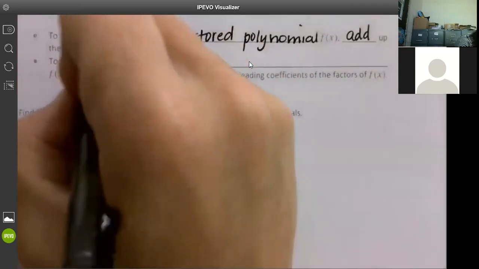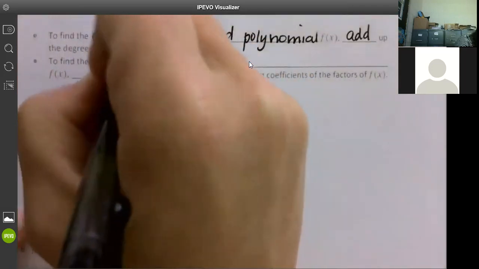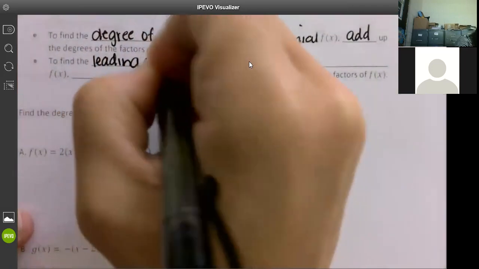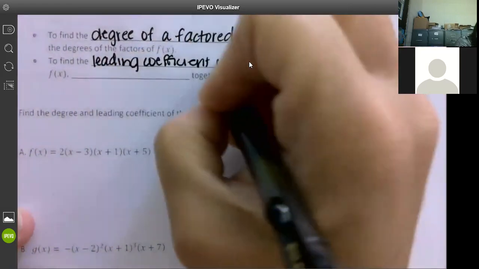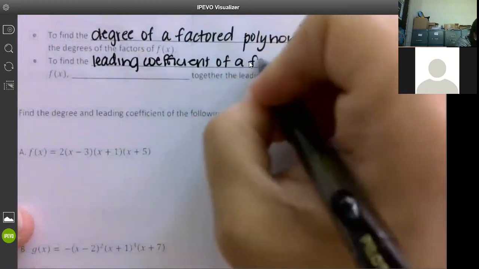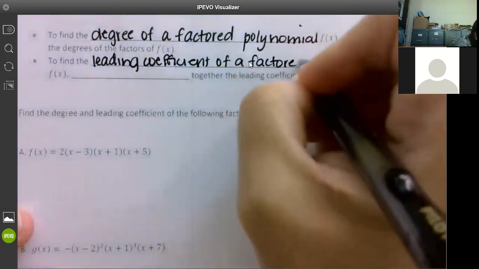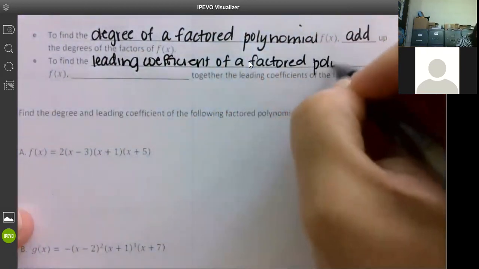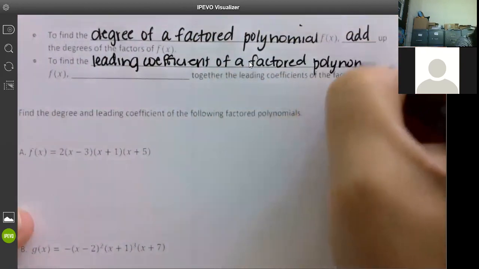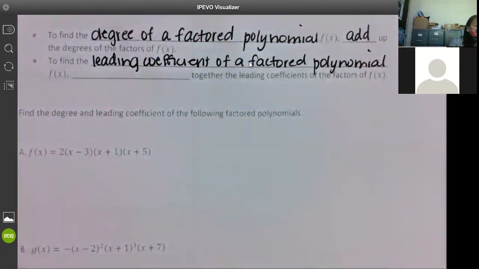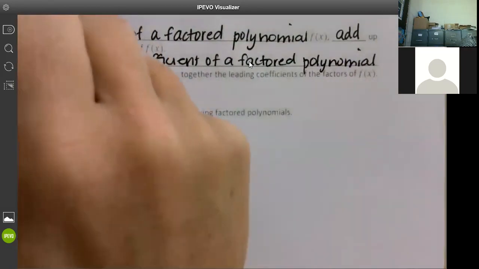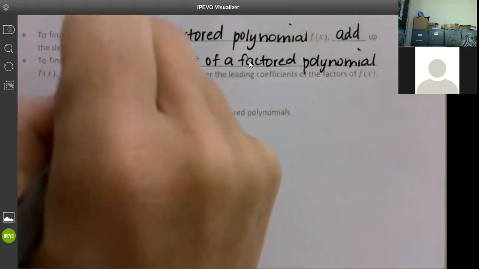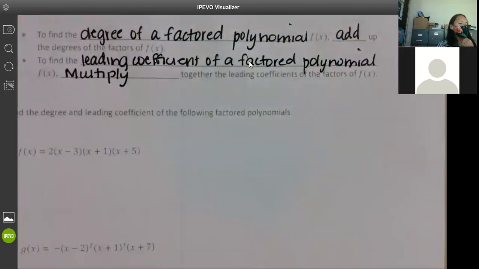To find the leading coefficient of a factored polynomial, f of x, you're going to multiply together the leading coefficients of the factors of f of x.